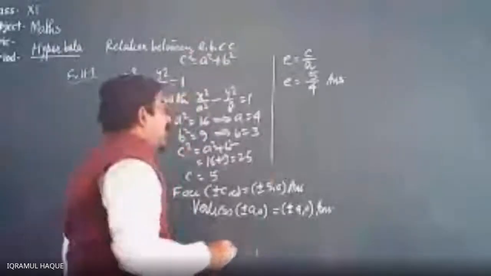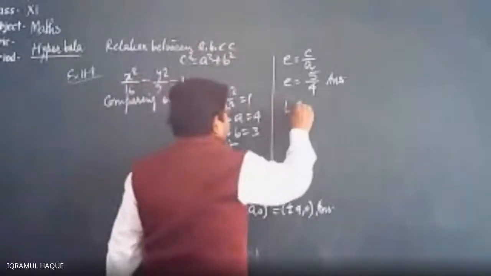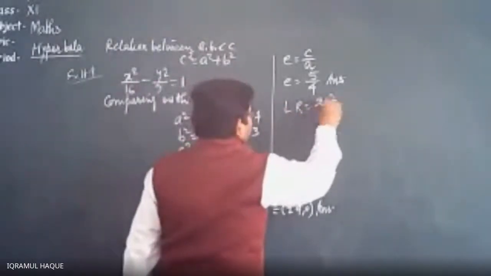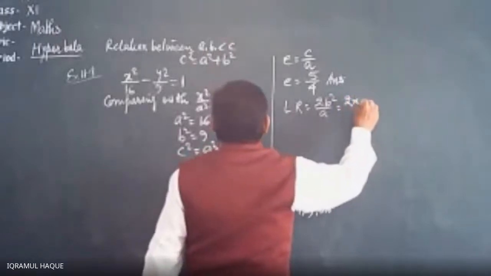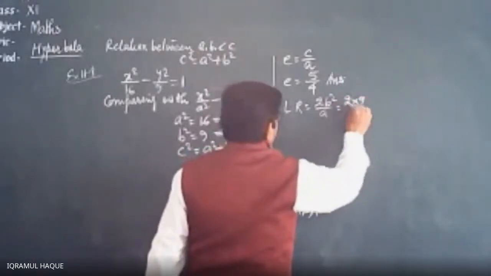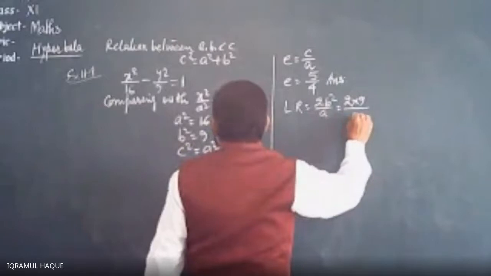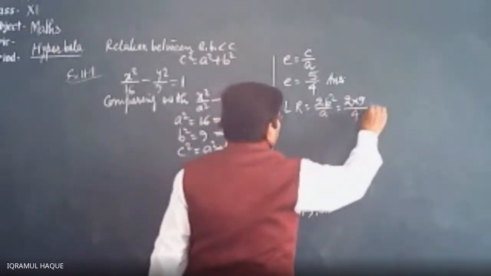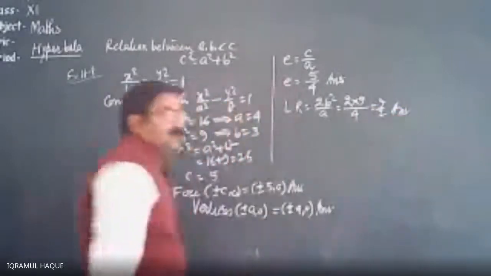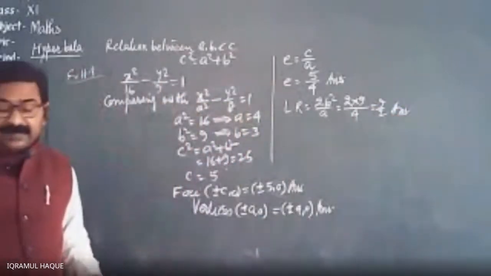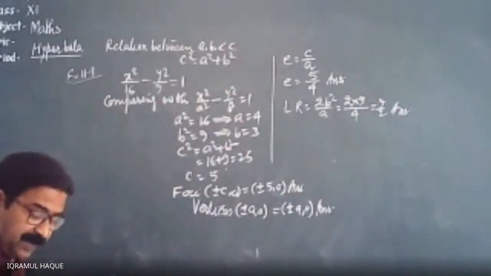Now we have to find latus rectum. Latus rectum is equal to 2b square upon a. This is 2 into b square, which is 9, upon a, which is 4. We have 9 upon 2. This is the answer.